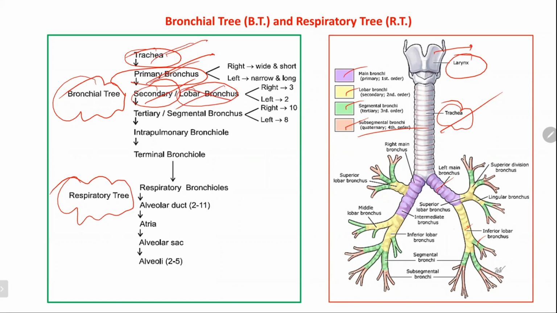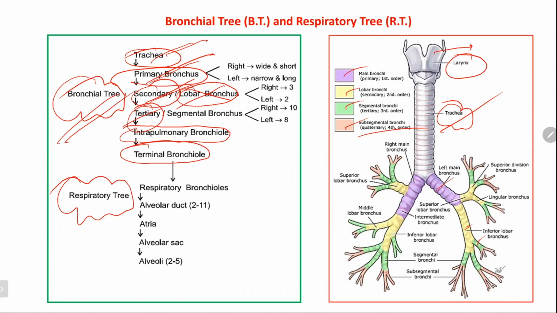Trachea, primary bronchus, secondary bronchus, tertiary bronchus, right? And again intrapulmonary bronchioles, and you see terminal bronchioles. All these components constitute the bronchial tree.